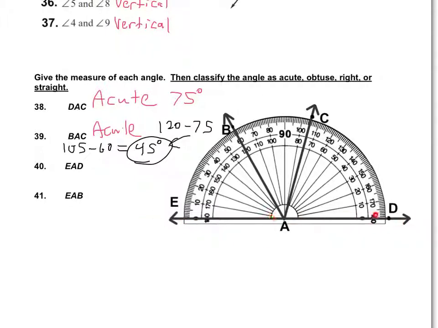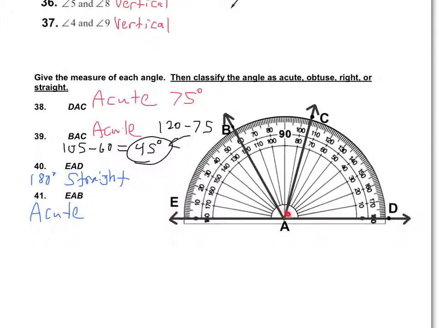Oh, I just went across in a straight line, so that is a 180 degree angle, which we call a straight angle, because it really just makes a straight line. And then lastly, we have EAB. Okay, so we can, first of all, see that that is an acute angle. So I'm going to write that, acute.